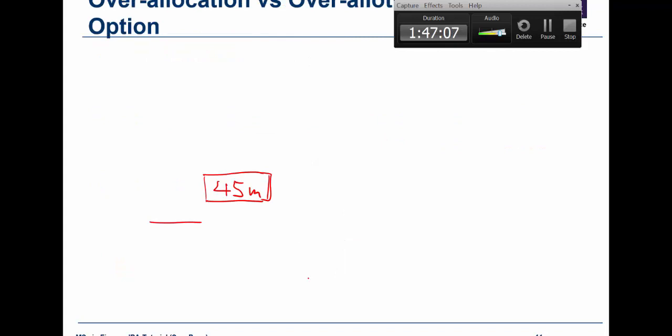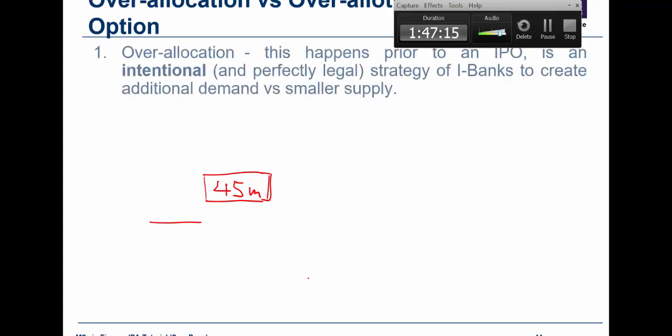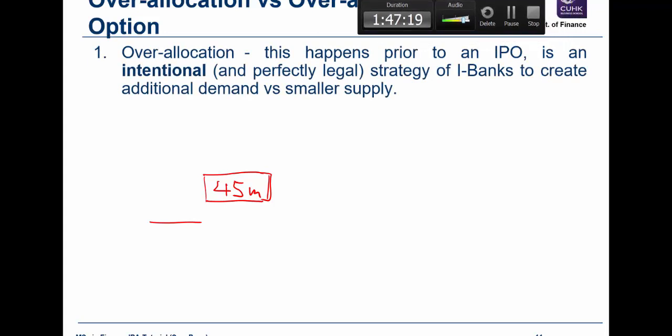Now, just to close out, over allocation versus over allotment. So don't get confused. Over allocation happens before an IPO. It is intended, it is deliberate, and it's perfectly legal. It is allowed, it is done. It is not needed, but it's almost always done by iBanks and issuers.